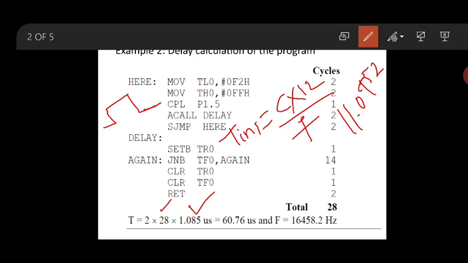And as we know, this program will be repeated twice, in the sense that I have to calculate for the full cycle, that is for high as well as for low, so I have to multiply by 2.